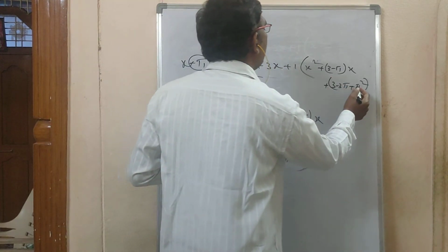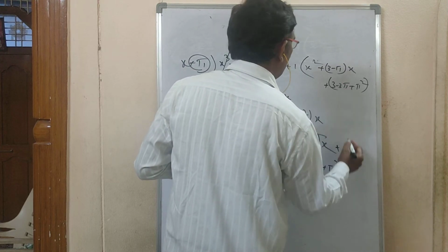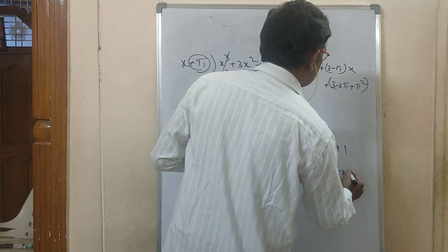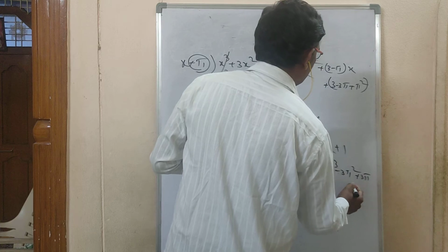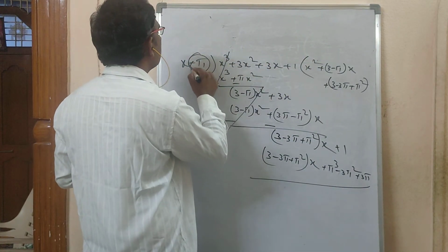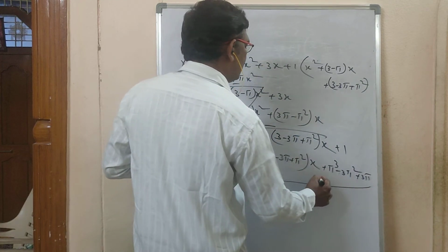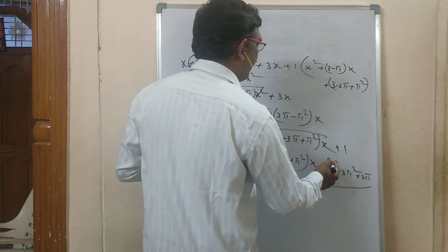So pi into pi square becomes what? Pi cube. Pi into minus 3 pi, minus 3 pi square. Pi into 3 pi. With this plus pi, I multiplied this entire thing. I got this. Now minus, and here also you should get minus only.